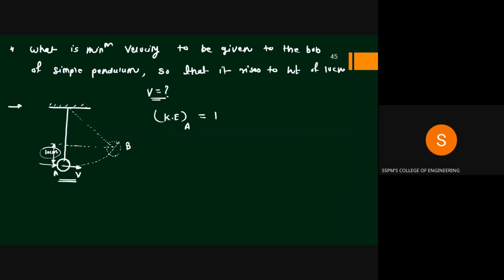So this is equal to the potential energy at the point B. The equation for kinetic energy is 1 by 2 m v square at point A. This is equal to mgh. So from this m will get cancelled. So the value of Va square is equal to 2gh.